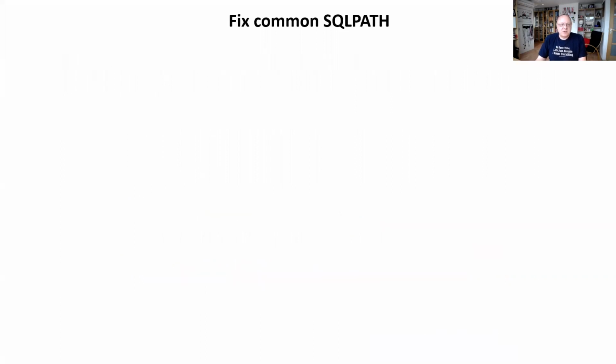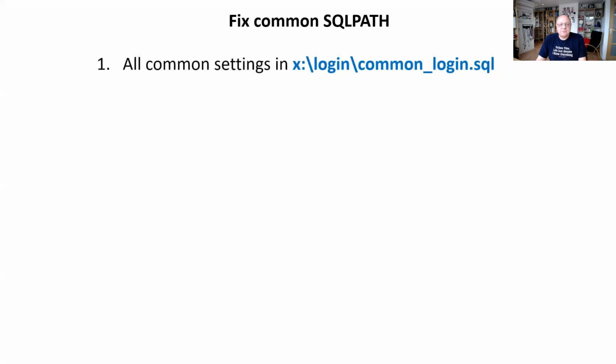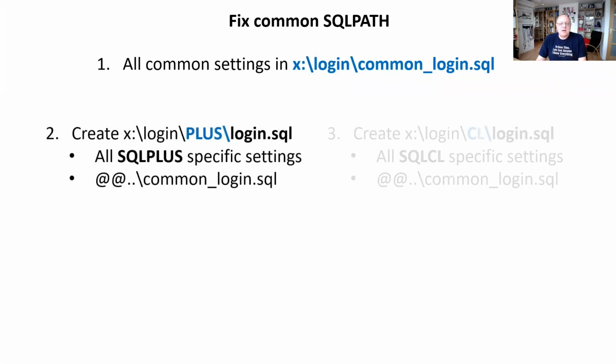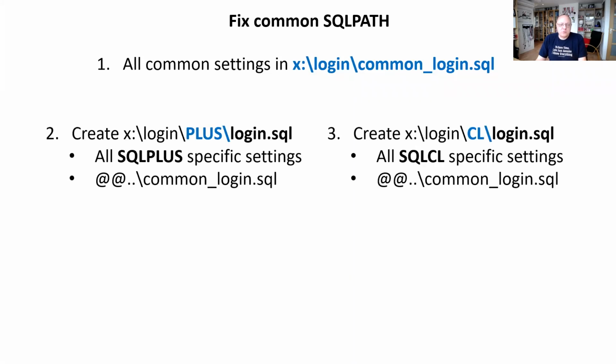But it's easily fixed. I set everything that is common in one script that is not called login.sql, in my case, common_login.sql, and put it in some directory. Then I have two subdirectories, one for SQL*Plus and one for SQLcl. And they both have their own login.sql.